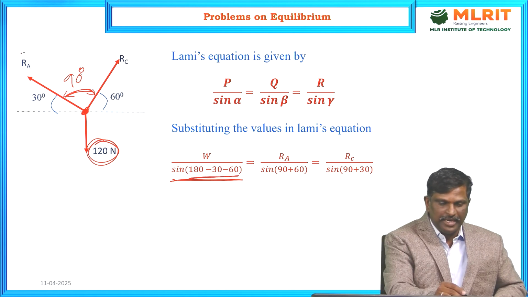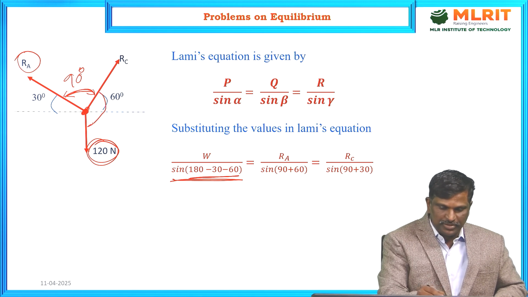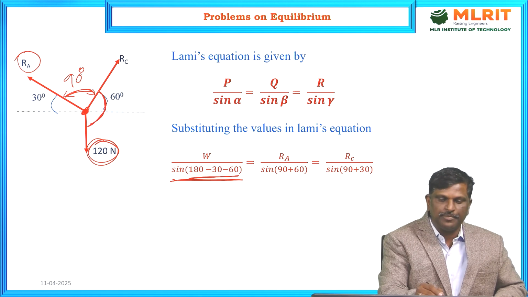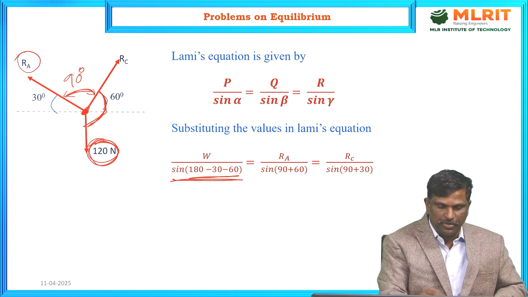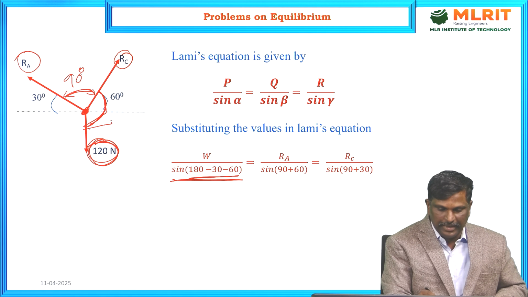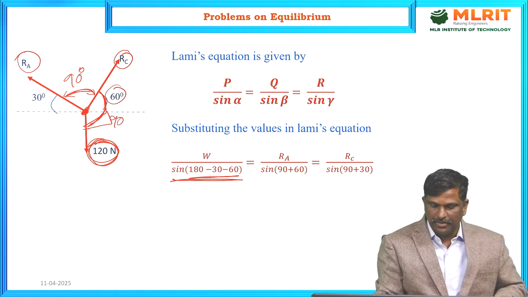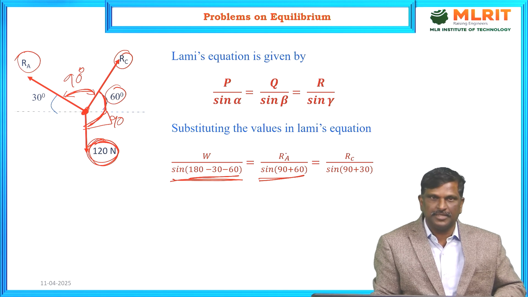Next, RA divided by sin of the angle between the other two forces. Here, the other two forces are 120 and RC. Angle between these two is 90 plus 60. Sin 90 plus 60.